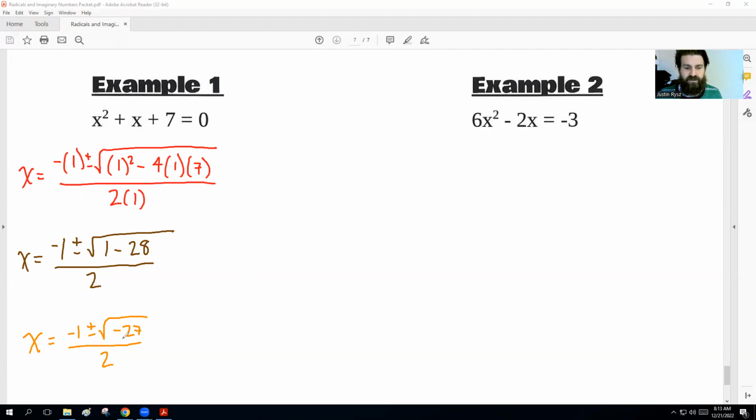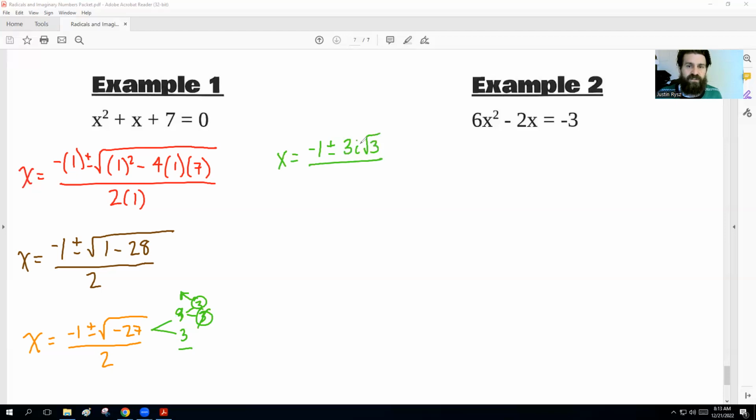All right, so what we're going to do here is we're going to break down the 27. So 27 is 9 and 3, and 9 is 3 and 3. So that means we have one 3 that goes out and one 3 that stays in. But since it's negative 27, we're going to say that this is 3i radical 3.